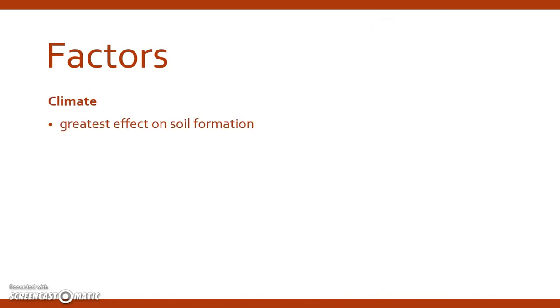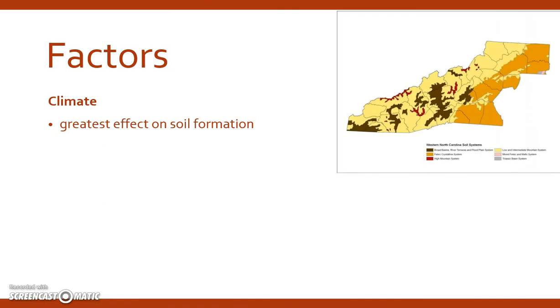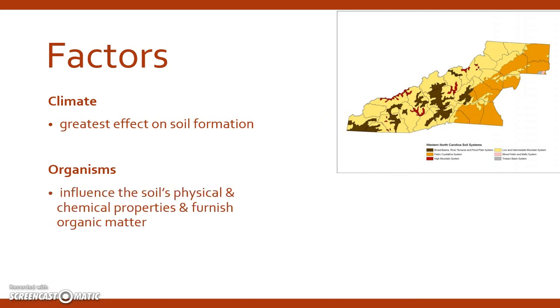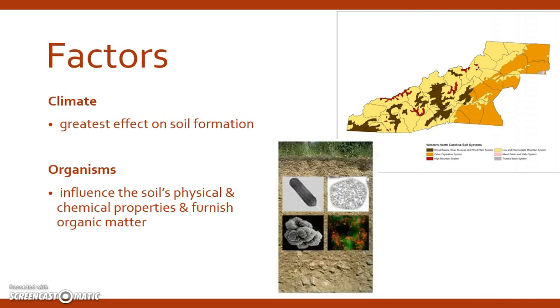Climate is another factor. It has the greatest effect on your soil formation. You can see here we have different types of soils based on where we're located in western North Carolina. And then organisms also influence the soil's physical and chemical properties. It also furnishes the organic matter that creates the soil.